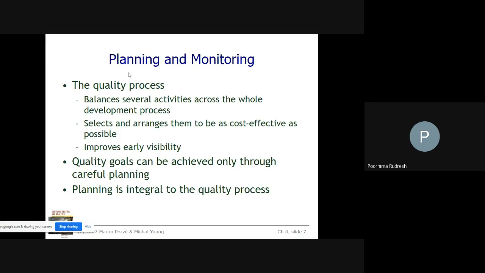Across the whole development process means we are considering the entire software development life cycle, and the quality process balances the several activities which we are using during the software development life cycle, and this selects and arranges them to be as cost effective as possible, and it improves the early visibility.